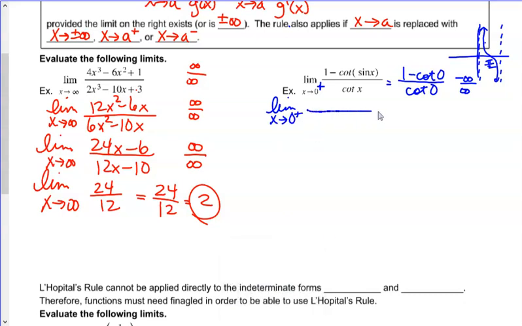Now the bottom one is pretty easy as long as you remember what the derivative of cotangent is. If you have to look, pause the screencast and you can go look, but that is actually the negative cosecant squared of x. And on the top, the derivative of 1 is easy because it's 0, but for this chain rule, I have to take the derivative of the outside function in terms of this function, then take the derivative of this.